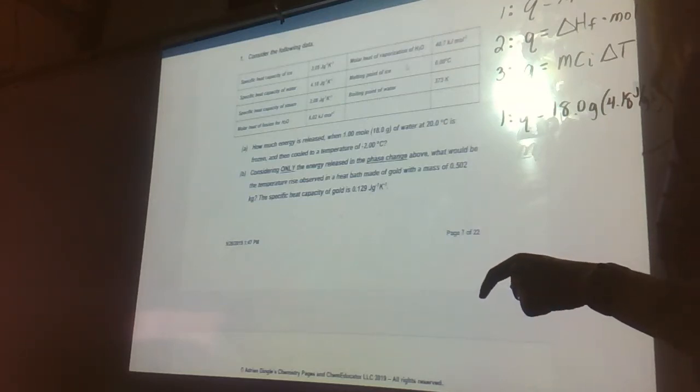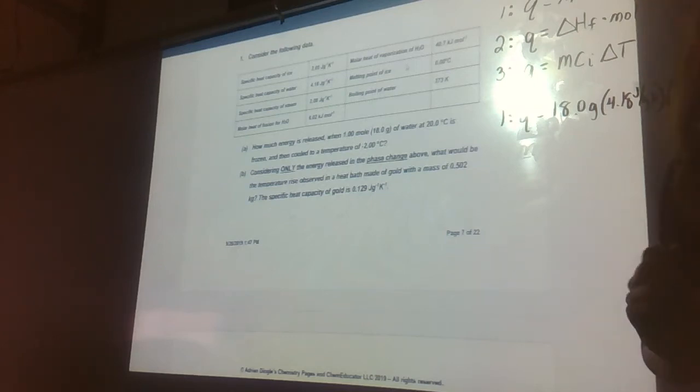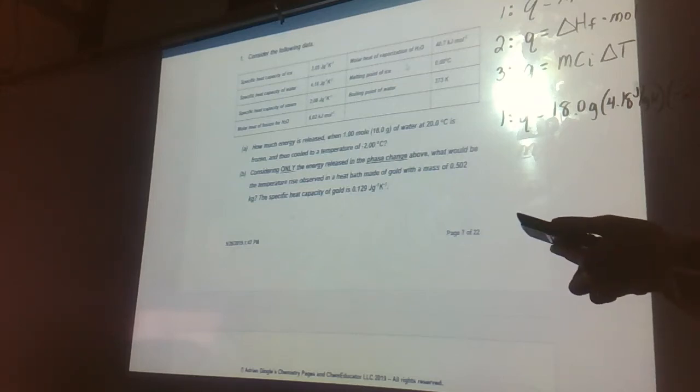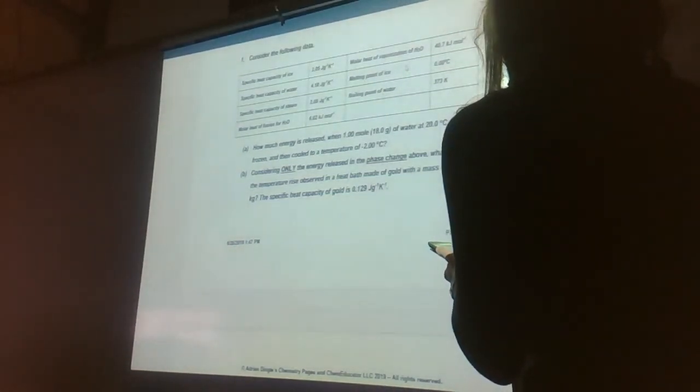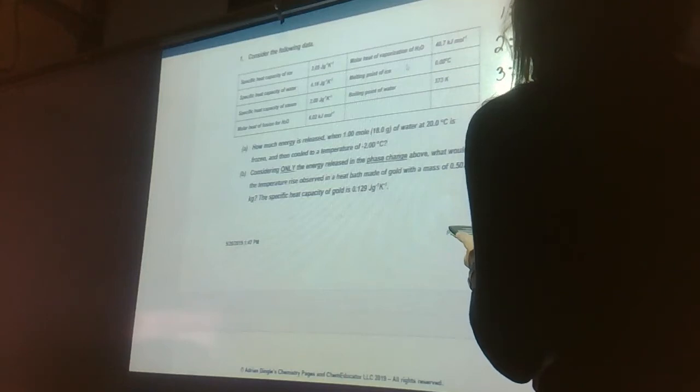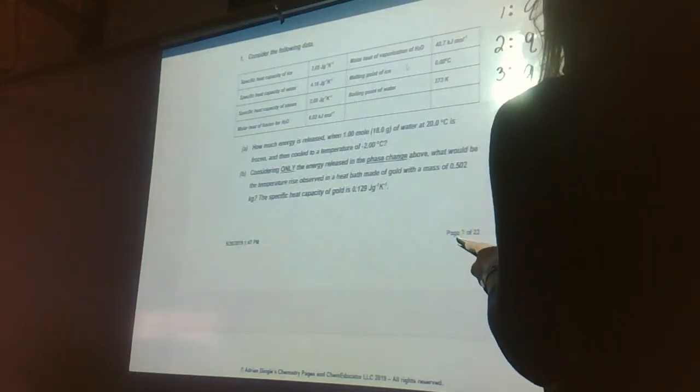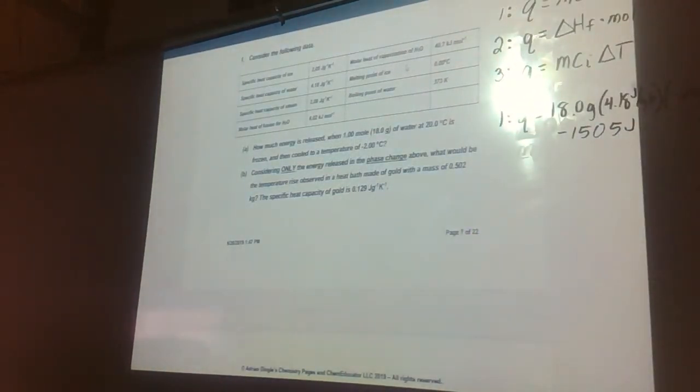So my temperature change is -20. And I get -1,505 joules for part 1. Negative because energy has to be released for the temperature to go down.